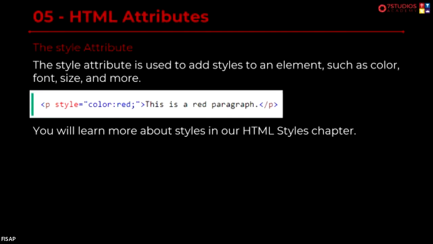Even as part of the style, I can say I want to change the font size for this paragraph. I want to make it bigger. So I'll say font-size, and I can say 20 points.